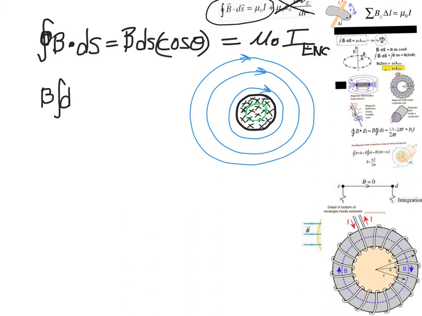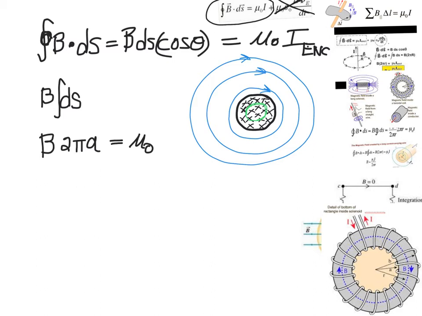And when I integrate the ds, I get the circumference of that green circle. So I have B times 2 pi a, where a is the radius of that green circle, and that's equal to mu naught times I enclosed. Only notice that the green circle does not enclose all the I, so we have to figure out how much I is enclosed in that circle.